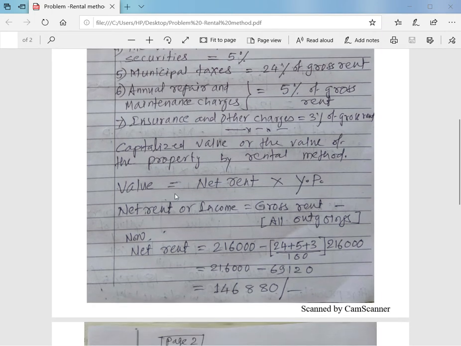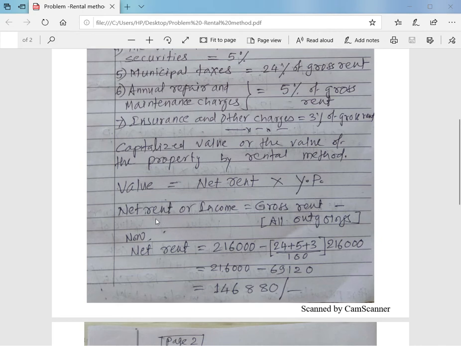As discussed earlier, we know that the capitalized value or value of a property is obtained by multiplying the net rent received from the property by years purchase. And the net rent is obtained by deducting all outgoings from the gross rent received from the property.